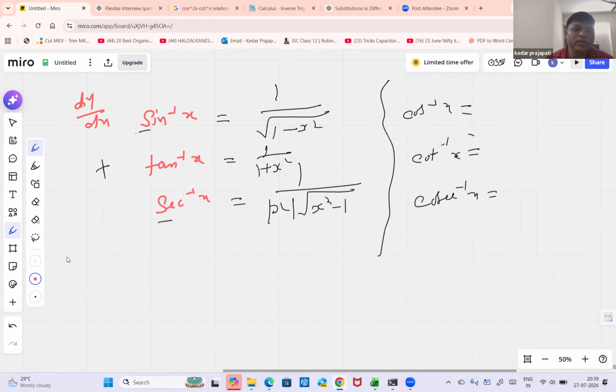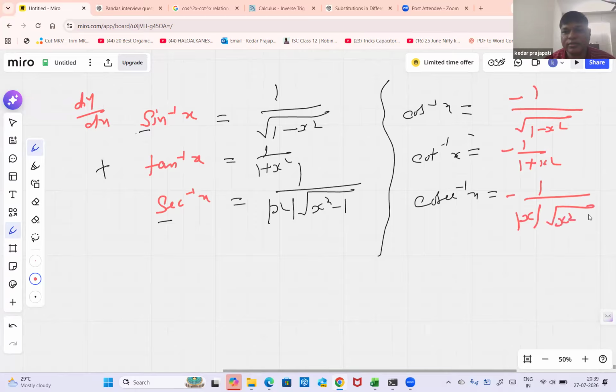Just now we saw, so this will be copied with a minus. Easy, right? This will be minus 1 by 1 plus x square, and this is 1 by root over, with minus. Okay. So you will never forget it.